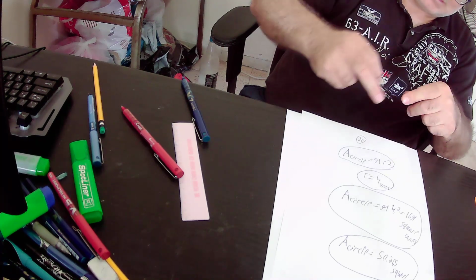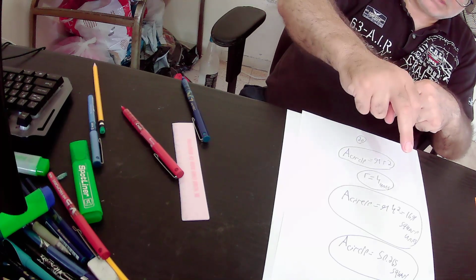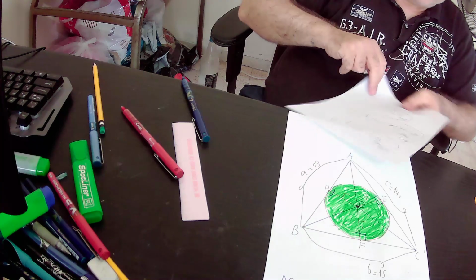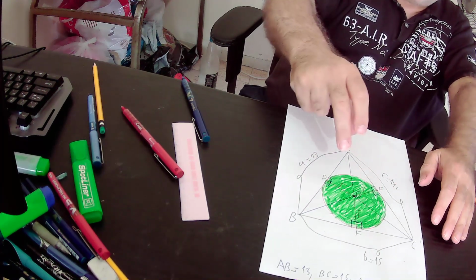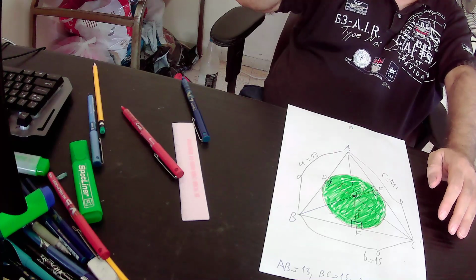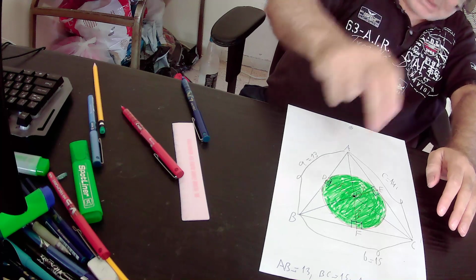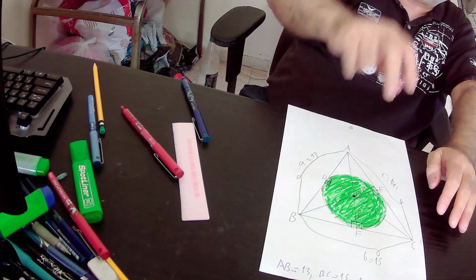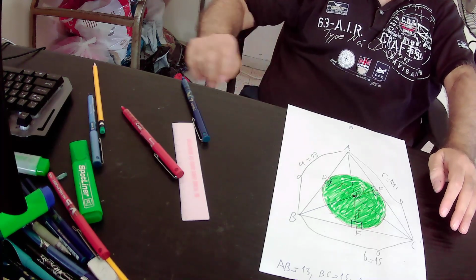In terms of numbers, the area of the green circle equals 50.265 square units. Again, the area of this green circle equals either 16 pi square units, or in terms of numbers, 50.265 square units. Okay, thank you very much.